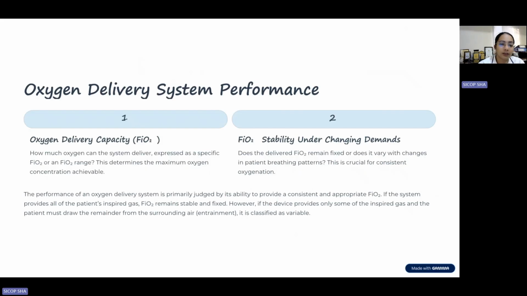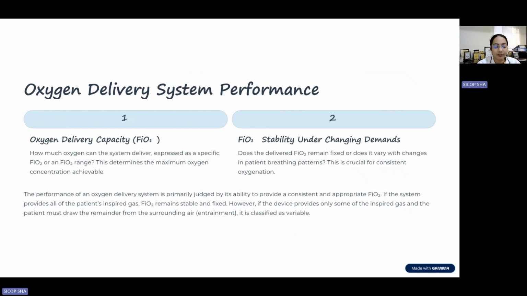Moving forward, the performance of an oxygen delivery system can be measured by two things. First, how much FiO2 can it deliver? For example, a machine can deliver up to 100% FiO2. And the second is, does it deliver constant FiO2 or variable FiO2? What does that mean?